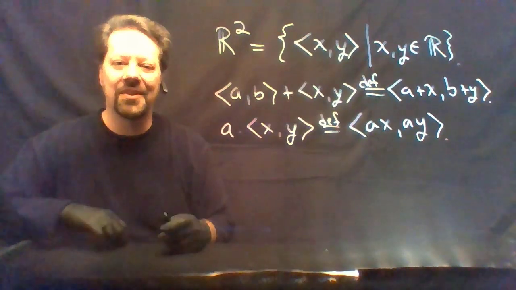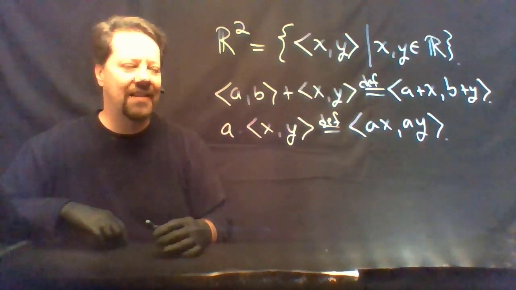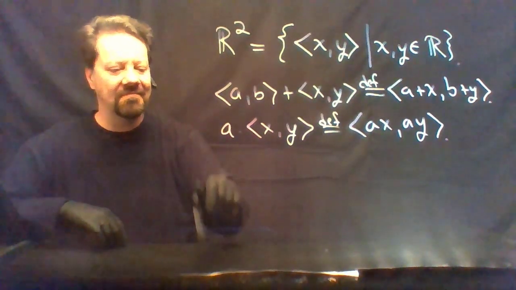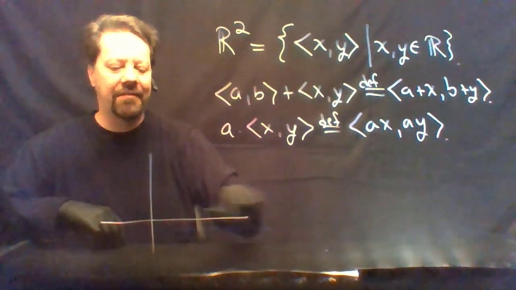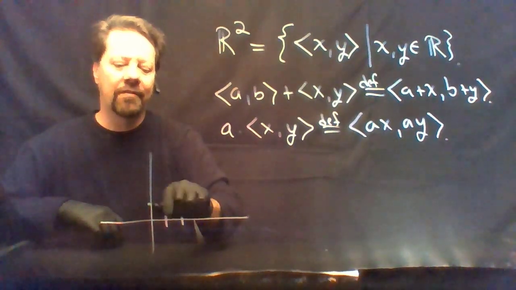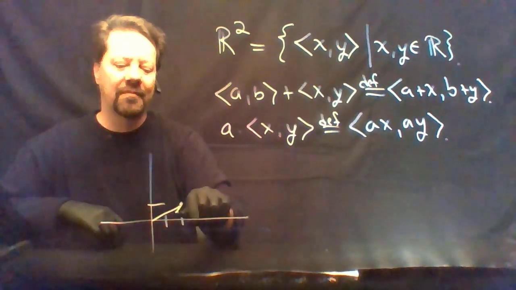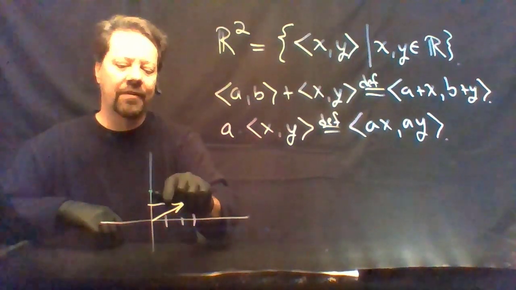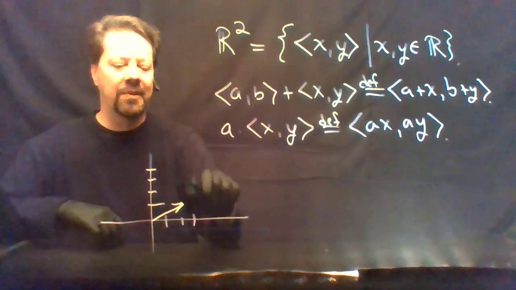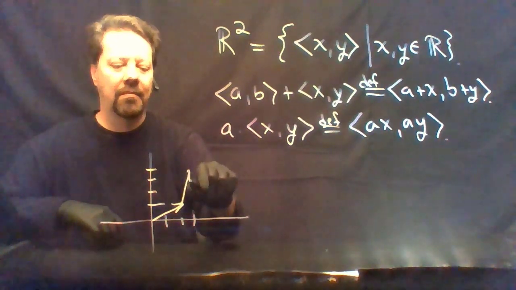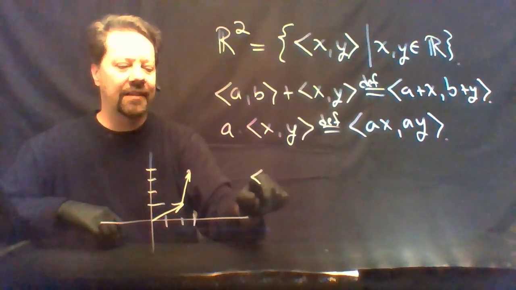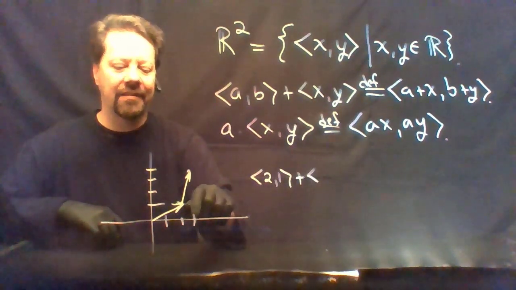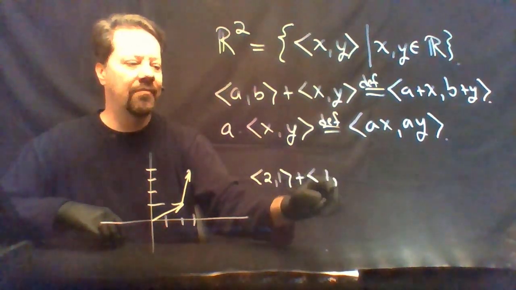Let's see if these two definitions are consistent with the definitions that we gave earlier geometrically. You can see that if I have the vector 2 over 1 up, and add to that a vector that moves 1 over and 3 up, so I'm taking the vector <2, 1> and adding the vector <1, 3>.